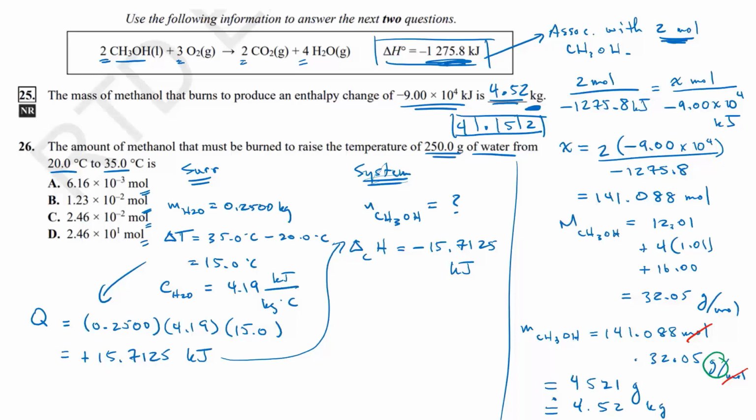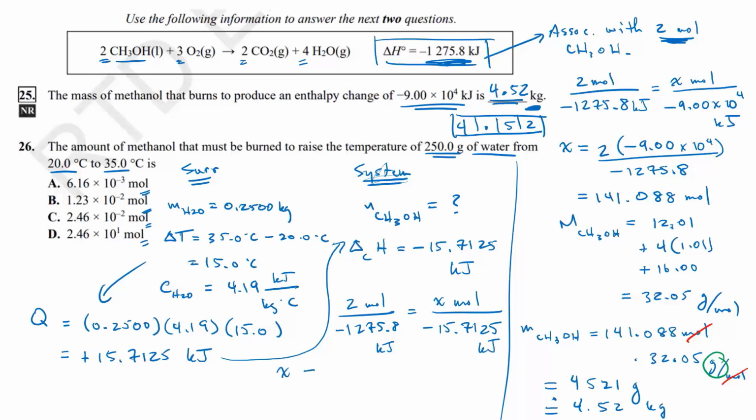We know that 2 moles over negative 1275.8 kilojoules. That's going to be equal to an unknown mole amount. This is what we're trying to determine, over negative 15.7125 kilojoules.